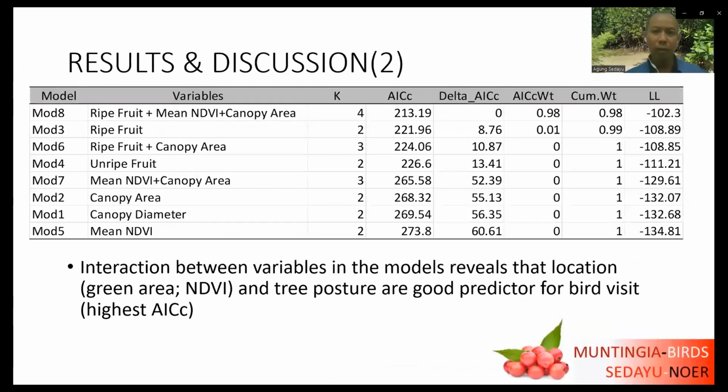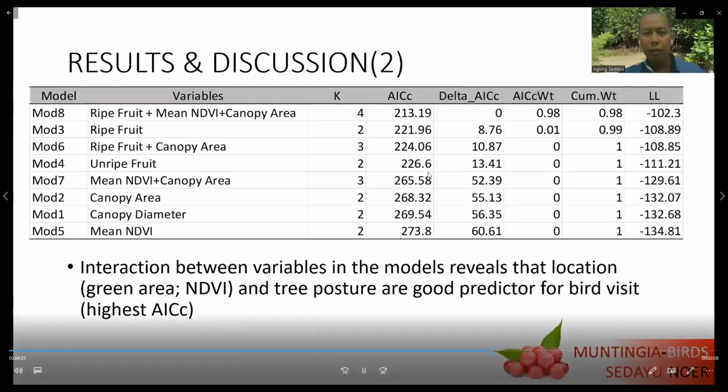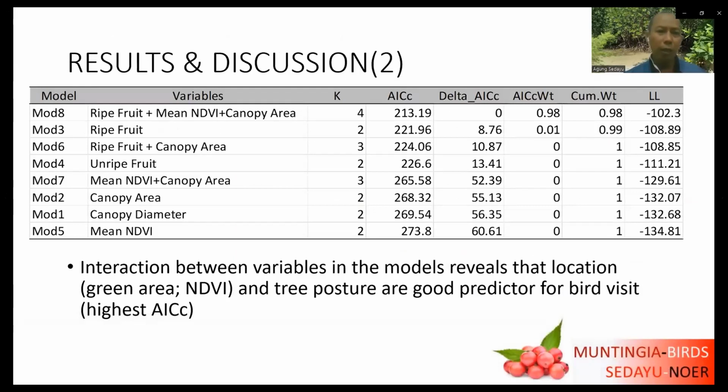However, if we see the further analysis using the GLMM, and we make a different modeling, we see that the most probable explanation for the bird visit is not only the fruit, but also the canopy area, canopy diameter, and mean NDVI.